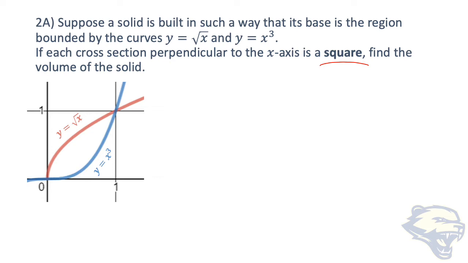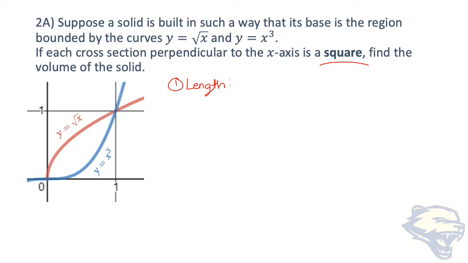Between 0 and 1, the square root of x is greater than x cubed for values less than 1 here. Remember that we discussed in the previous video that we have a 3-step process for volumes of cross sections. The first step goes with the first dimension, which is length. For this region, our length is going to be determined by top minus bottom, right? That's coming from the graph.